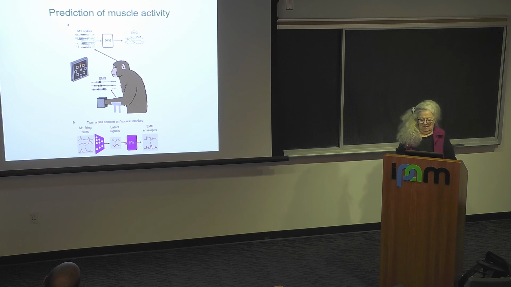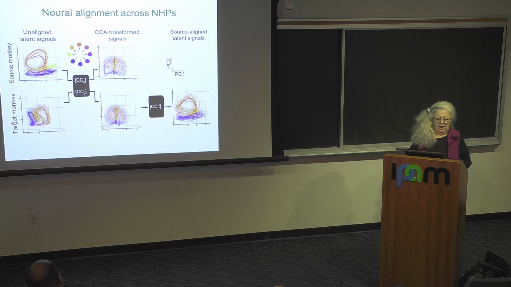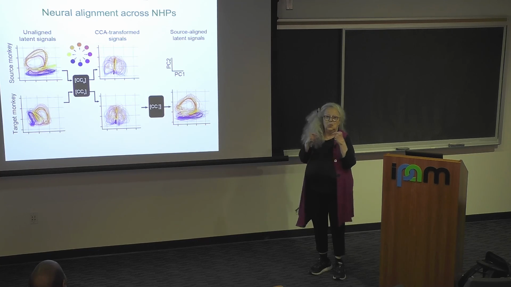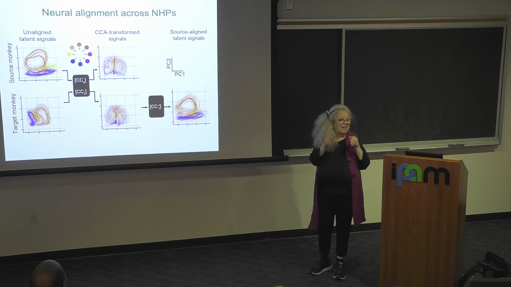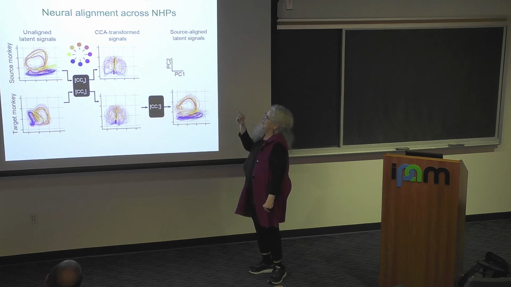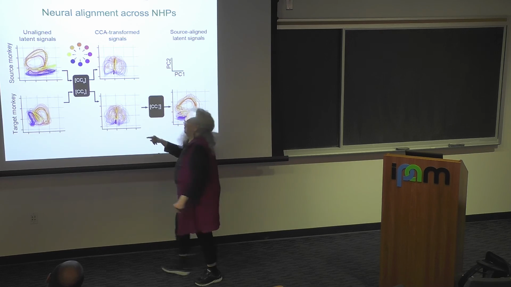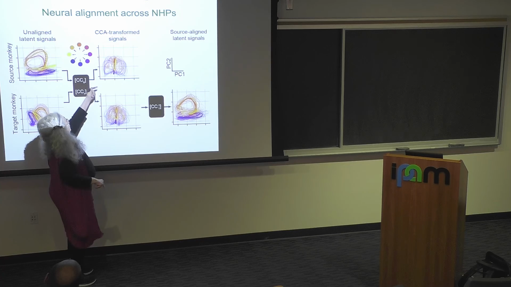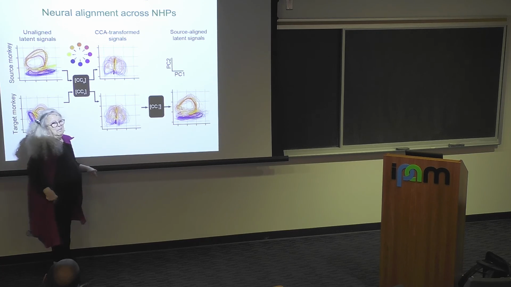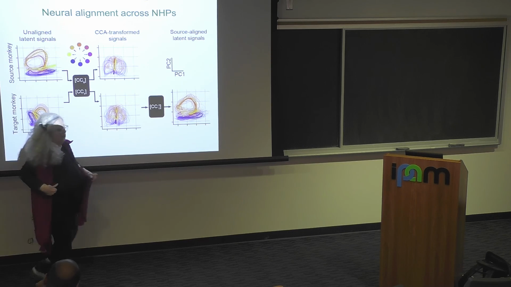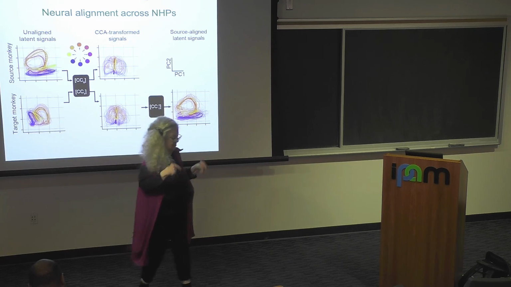So what we do is an experiment like this. Again, I'm showing you trajectories to the 8 targets, and the thick lines are the average trajectory, color-coded. So I have what I call the source monkey and a target monkey. I do the canonical correlation analysis, and this is how close I can bring them. But now what I can do is, I have the source monkey in the lab for a long, long time. I measure neurons and muscles for a long time.